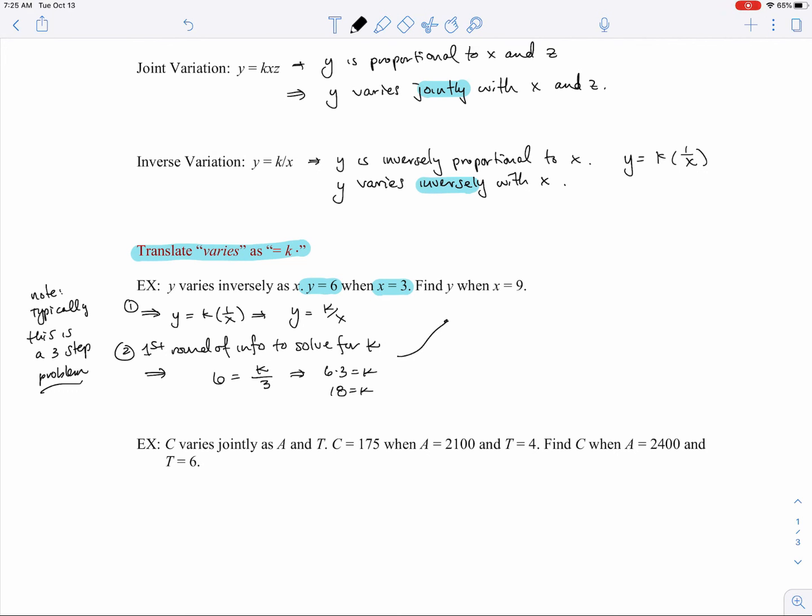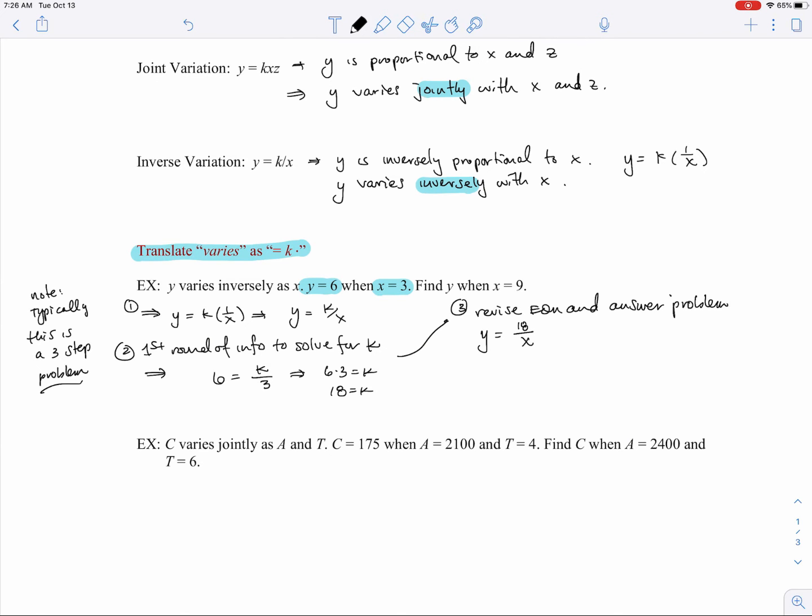And then we're going to revise the equation and answer the problem. By the revised equation, I mean y is now inversely proportional to x by a factor of 18 for our constant of proportionality.